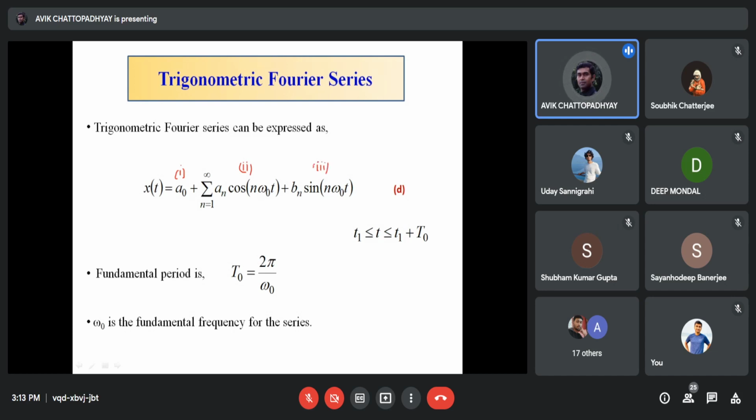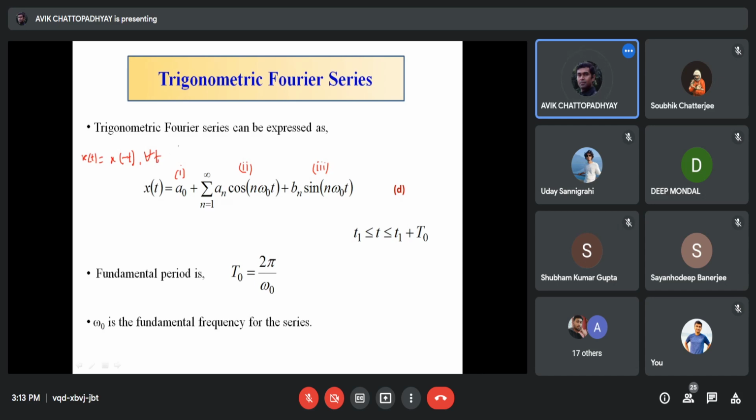So three types of terms are there: DC, cosine, and sine. Now as far as the even symmetry is concerned, we just think from this perspective. In case of even symmetry, your x of t is basically x of minus t for all values of t.